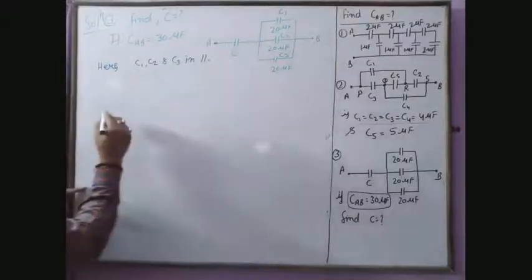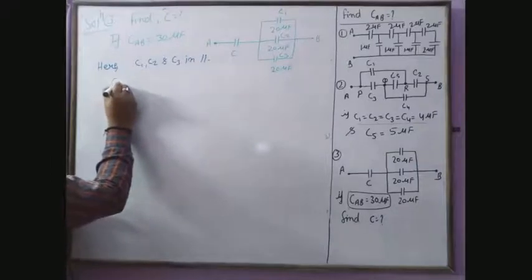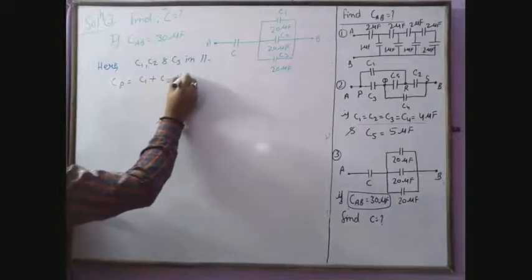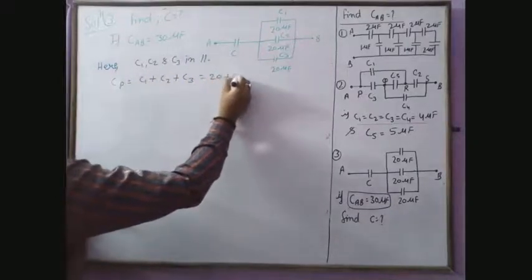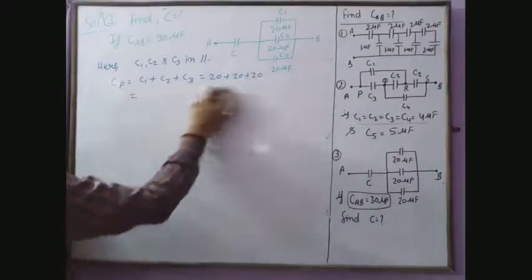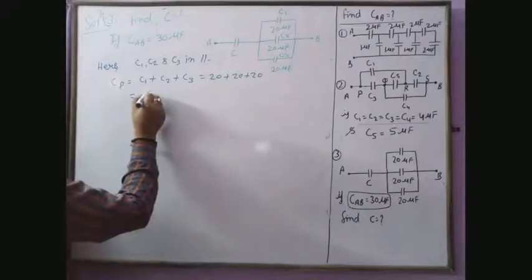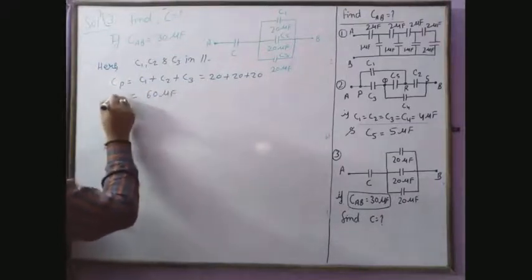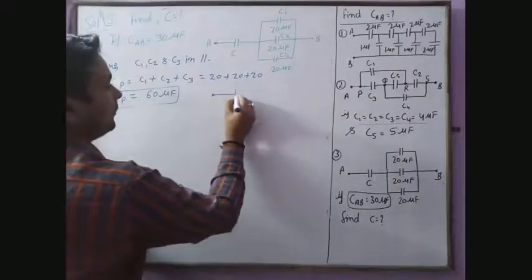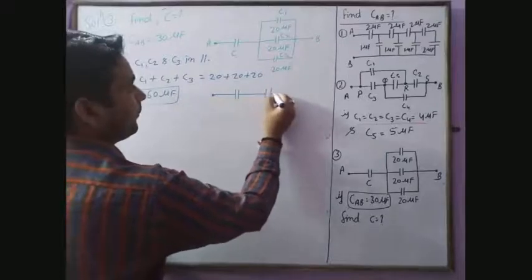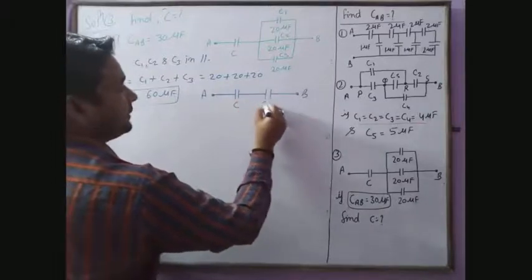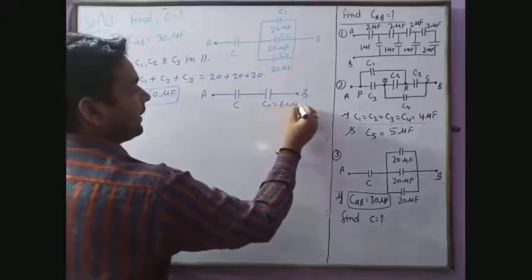Therefore Cp is equal to C1 plus C2 plus C3, which is 20 plus 20 plus 20, that is 60 microfarad. This is the value of Cp. Now the circuit is reduced to this. This is C and this is Cp, which is 60 microfarad.